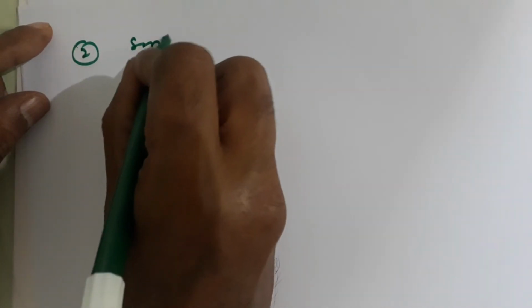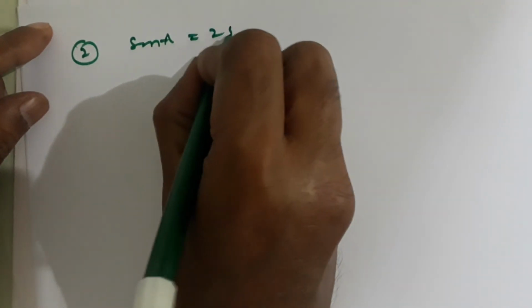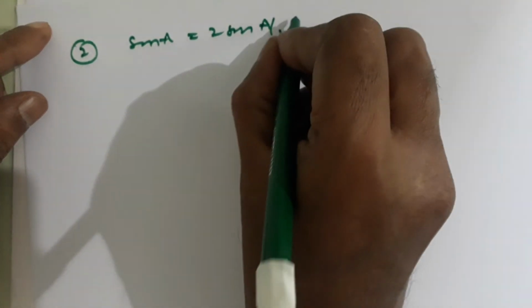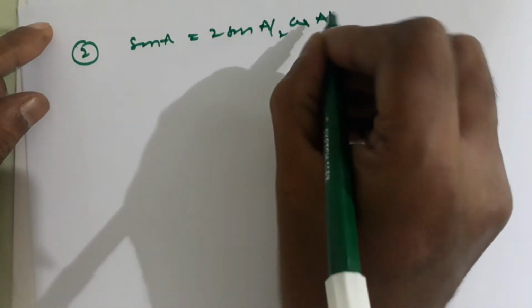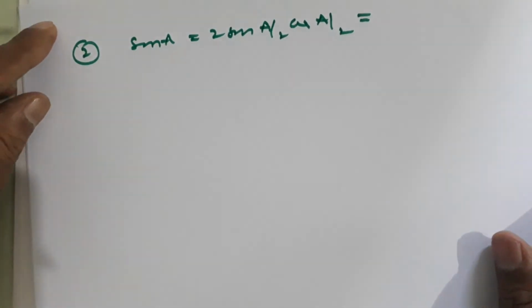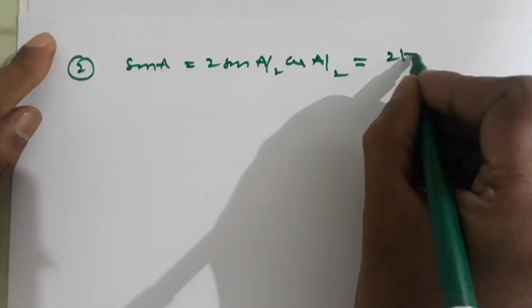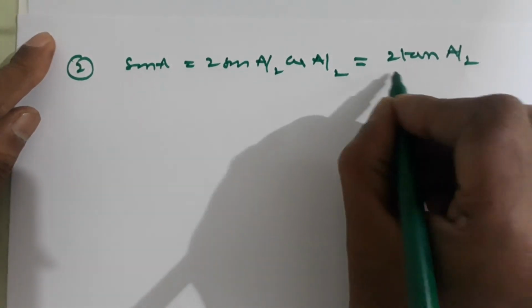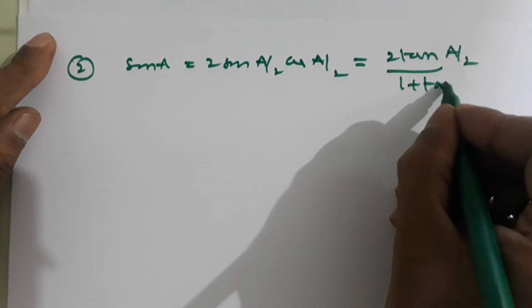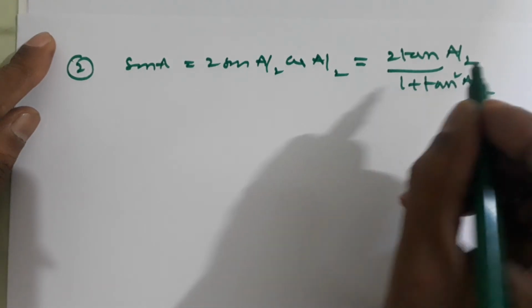Sin A is equal to 2 sin A by 2 cos A by 2 is equal to 2 tan A by 2 divided by 1 plus tan square A by 2.